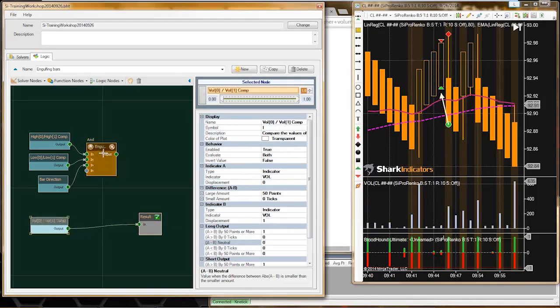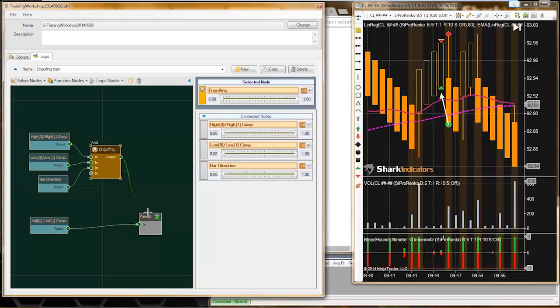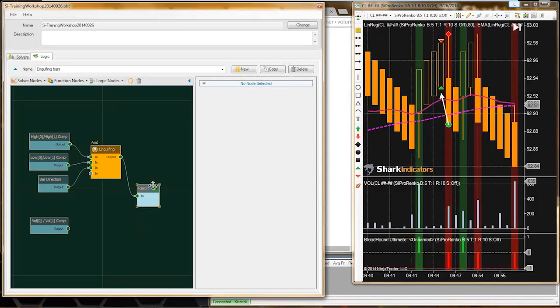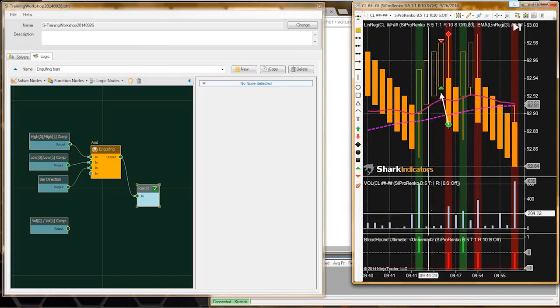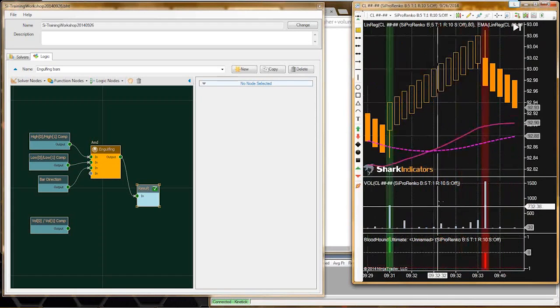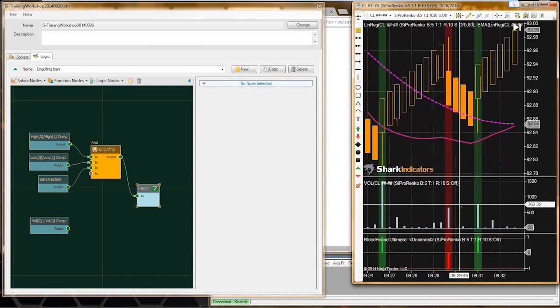So now let's take a look at our engulfing condition. And let's see. So far, if I'm looking at the volume, I can see that so far the volume is always greater than the previous bar. So let's see if we can find a case where that's not true.